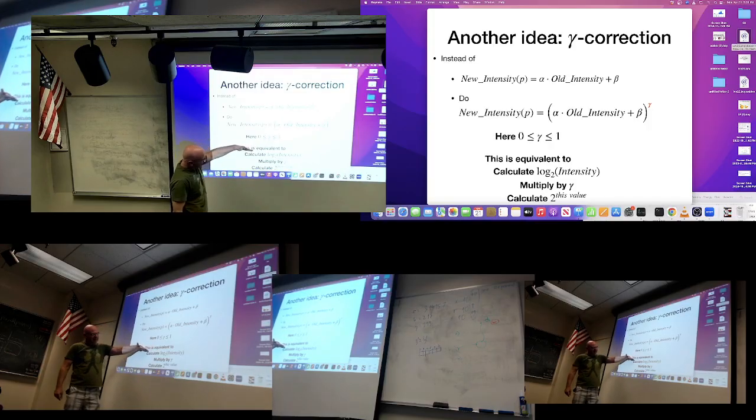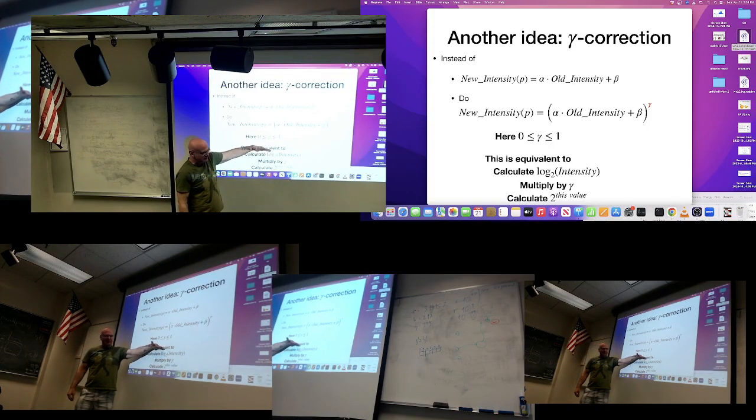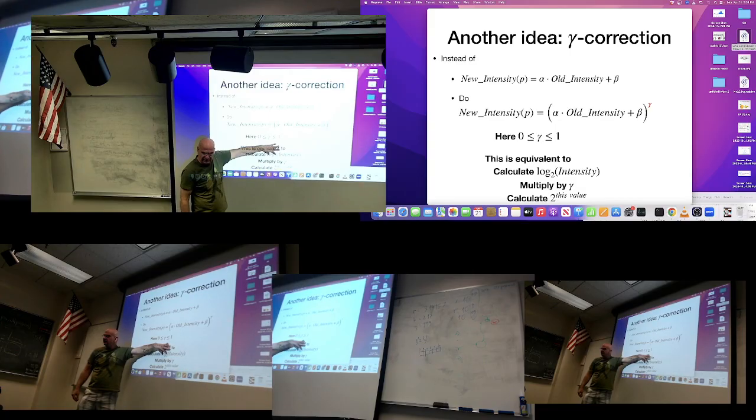Now, even for the alpha and beta, sometimes instead of working directly on the intensity, I will prefer to take the log of the intensity. Say log 2, that's not really crucial. The base of the log doesn't matter.